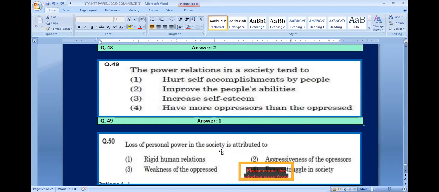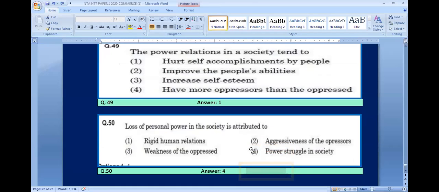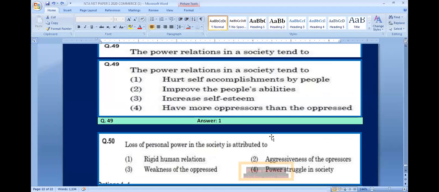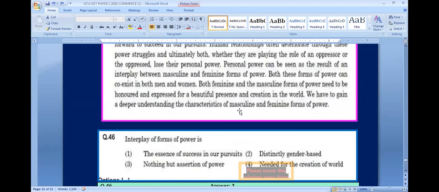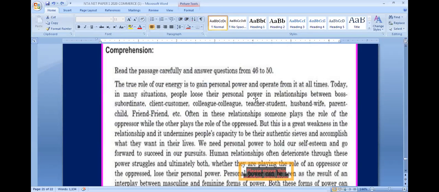Loss of personal power in the society is attributed to dash. That is also here. People lose their personal power in relationships between boss, subordinate, client, customer. Often in these relationships, someone plays the role of oppressor while the other plays the role of oppressed.